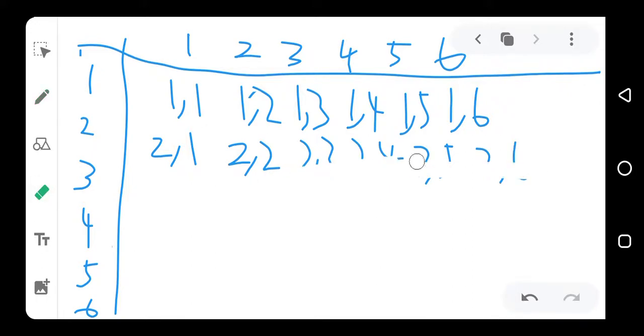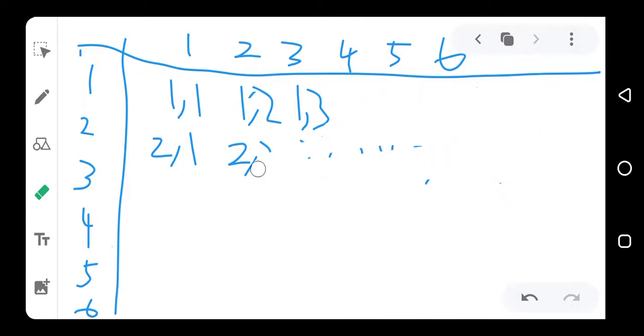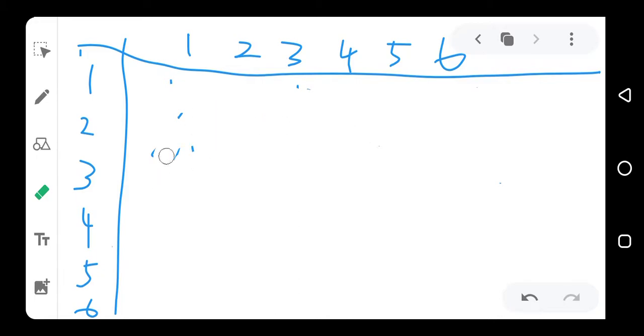Let me clean this and make it look more tidy.